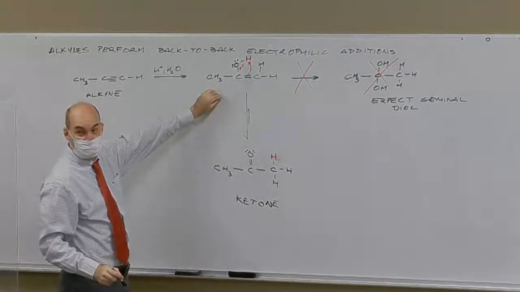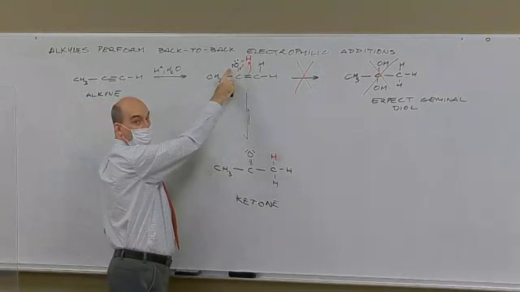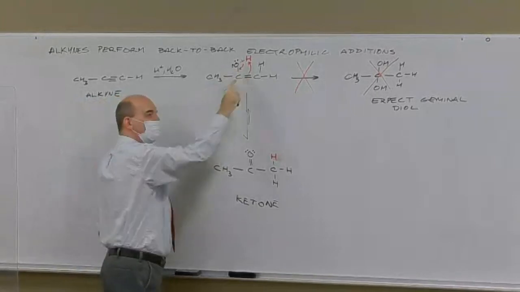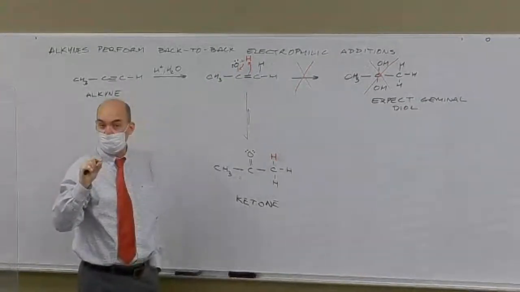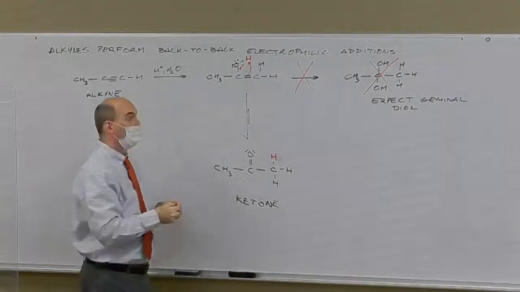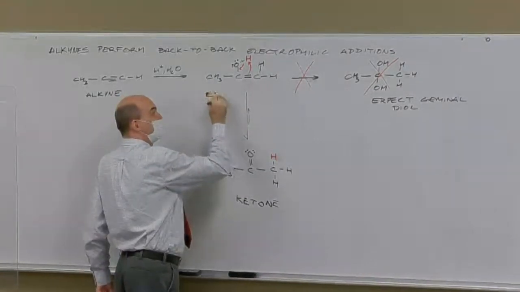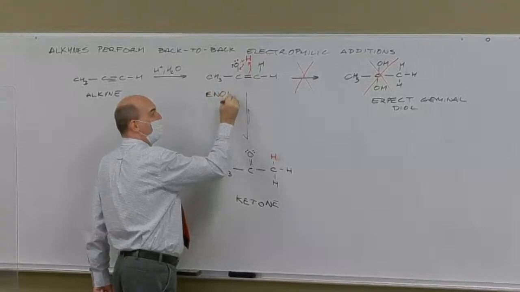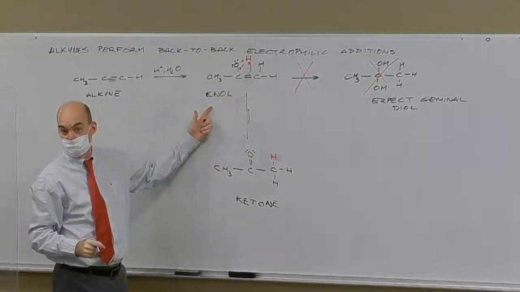We're going to put a name to this. This is an alcohol that contains an alkene. And the alcohol and the alkene are attached. They're both on the same carbon. So this is part alkene and part alcohol. This is an enol.